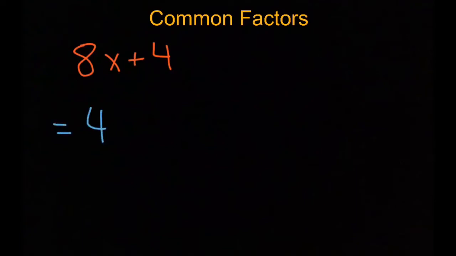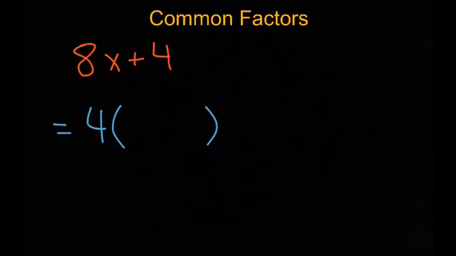When doing any type of factoring problem, you always want to look for the greatest common factor. Let's say we're given the problem 8x plus 4. Our greatest common factor would be 4, since it goes into both of these terms. So what we want to do is factor out the 4 from this.